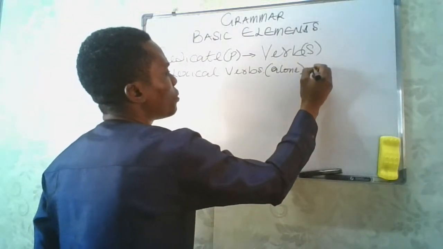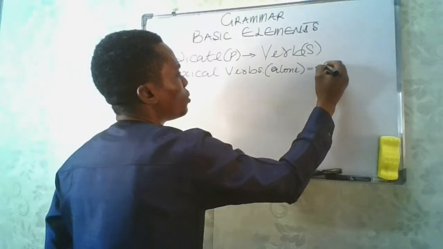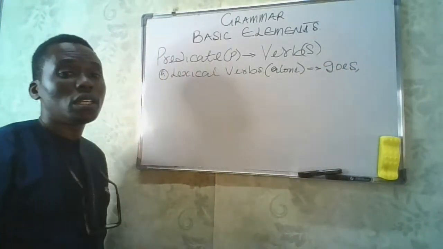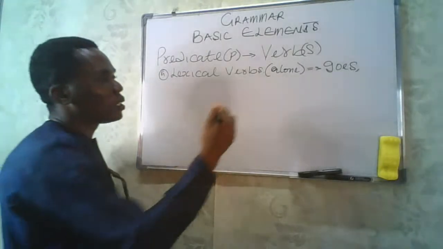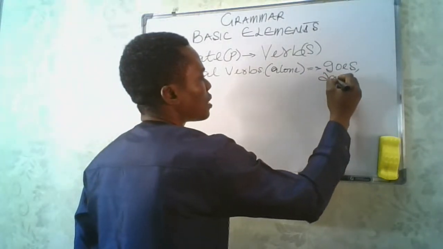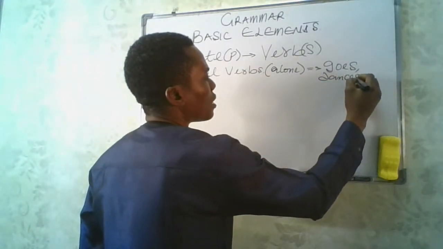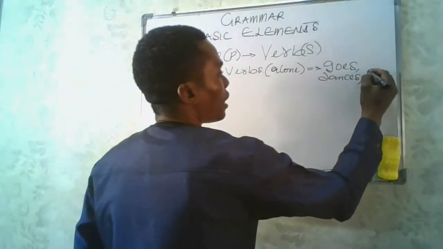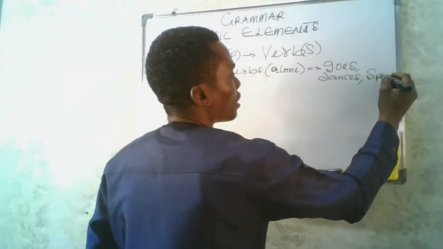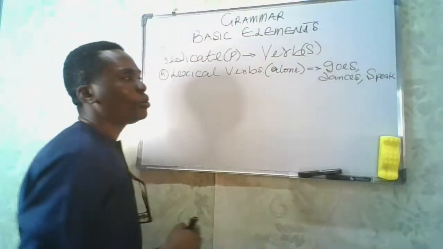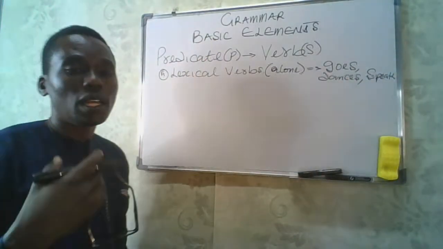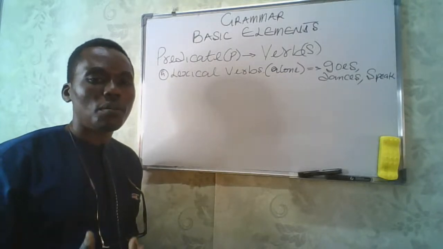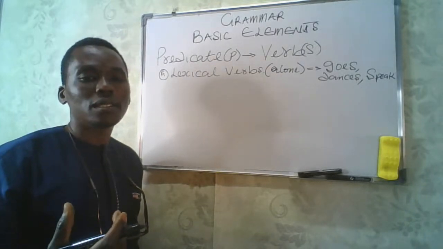A good example of these lexical verbs can be goes. When we say goes, dances, we can also have something like speak, etc. All these are examples of what? Lexical verbs. They can truly form the verb in any sentence.